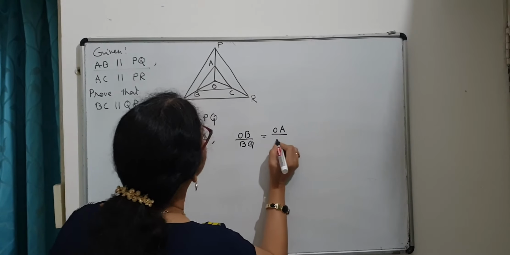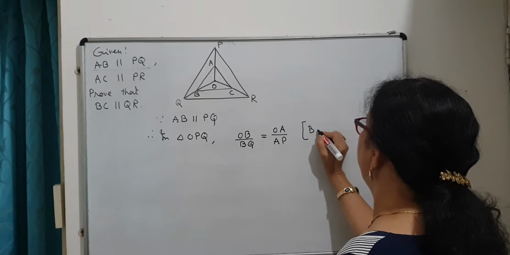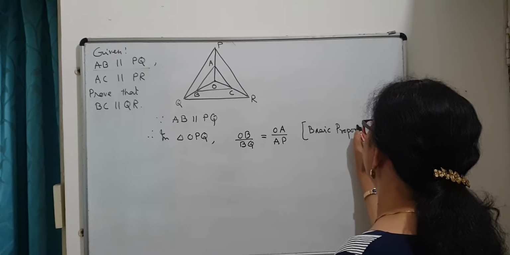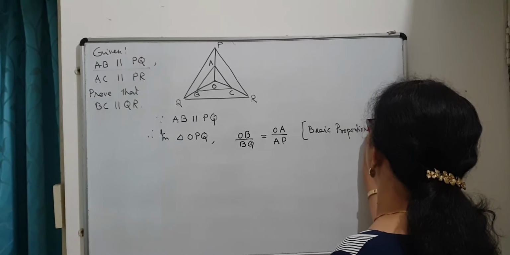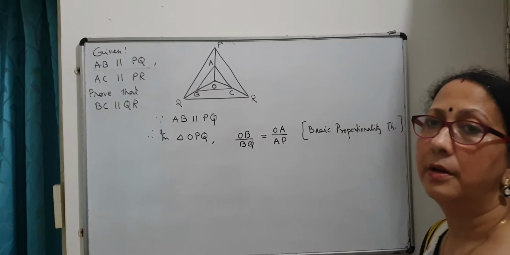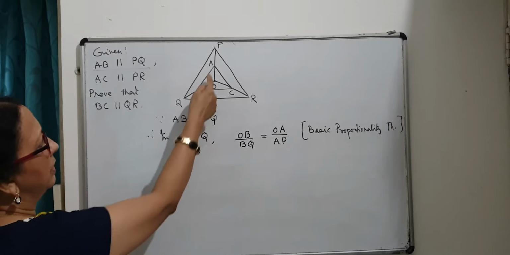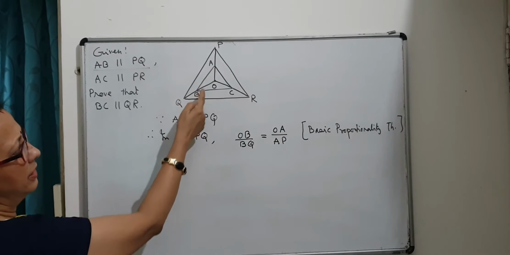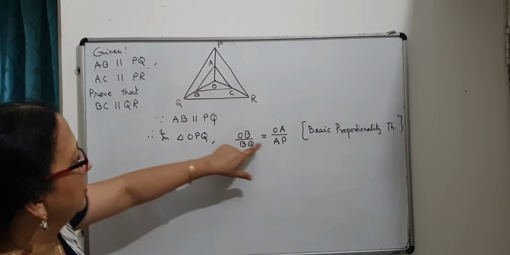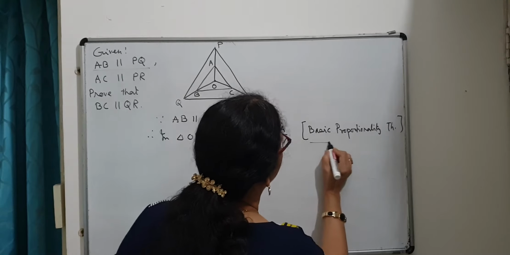You can write it by the basic proportionality theorem, or you can write the statement also, that is, when a line is parallel to one side, it divides the other two sides in the same ratio. We mark it as equation 1.